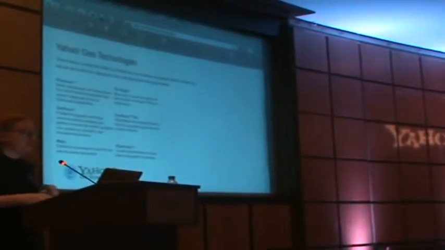For example, the Placemaker system. Placemaker is an API that allows you to send text to it, and it finds locations in that text. So in YQL, there's of course a Placemaker table as well.